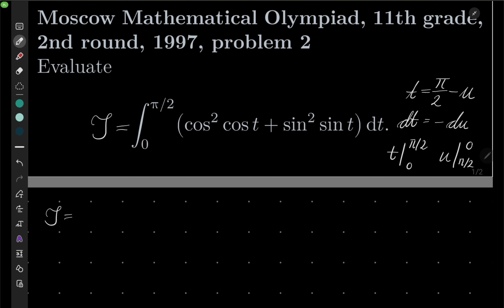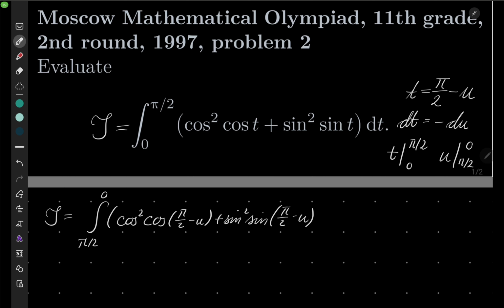So the very same integral can be written in the following way. Integral from pi over 2 to 0 of cosine squared of cosine of pi over 2 minus u plus sine squared of sine of pi over 2 minus u, and instead of dt we have minus du. Okay, what now? Now we have a minus here and we have flipped bounds of integration from pi over 2 to 0.